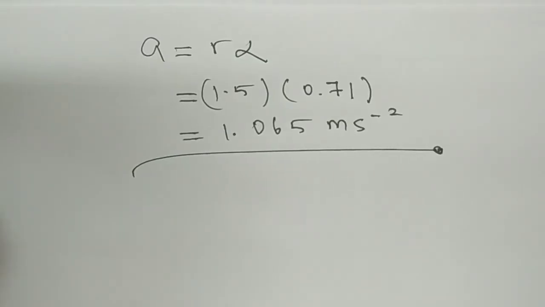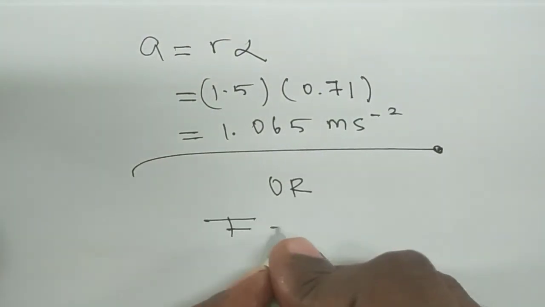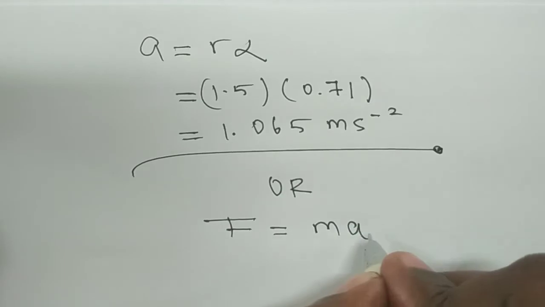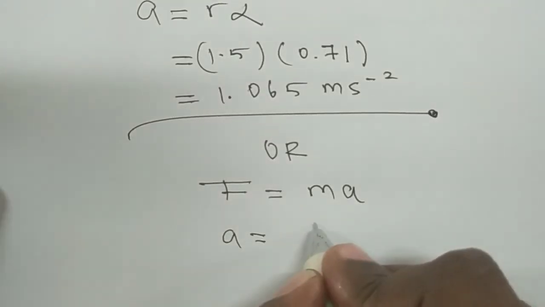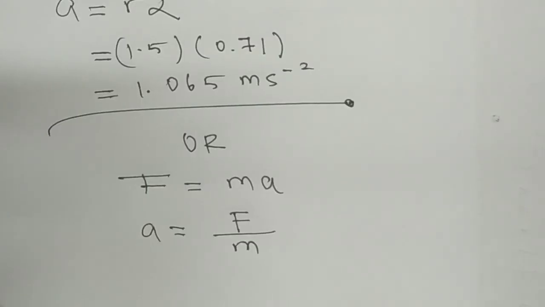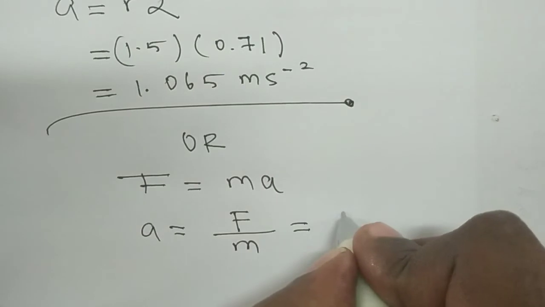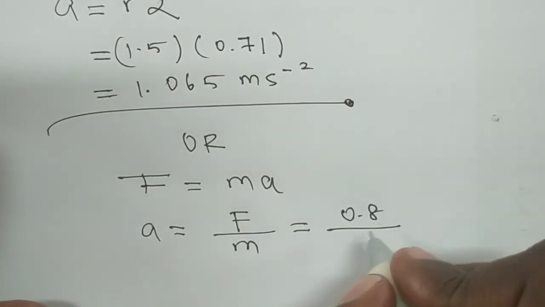Or from Newton's law, F equals ma, a equals F over m, F equals 0.8 Newton divided by 0.75 kilogram.